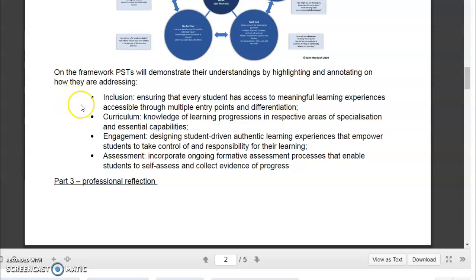Here we are really looking for meaningful experiences for the student. So have you considered differentiation through providing varied learning experiences? Is there challenge for the students, but is there also entry points? And have you addressed incorporating aspects of STEM?